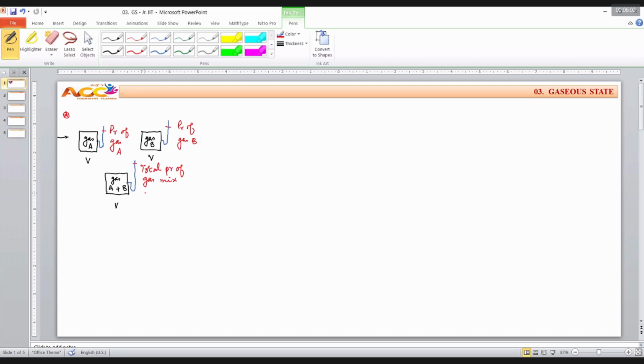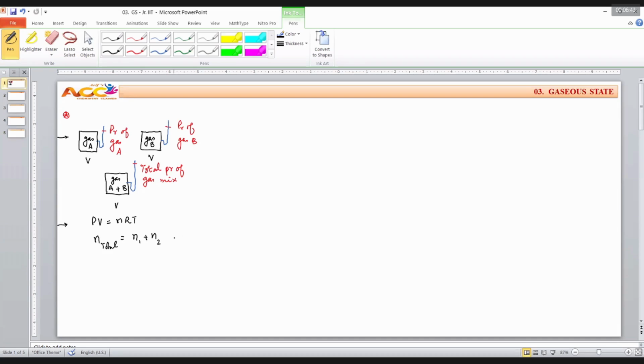Now if you talk about total pressure, this must be equal to the summation of all these things. Whenever we are saying PV equals nRT, here in this case we are having a mixture of gases. Then in the total system, if I take the total number of moles, this must be equal to N1 plus N2 plus so on. Now take a break.